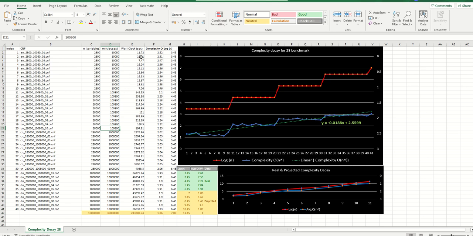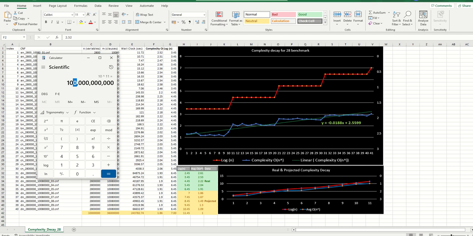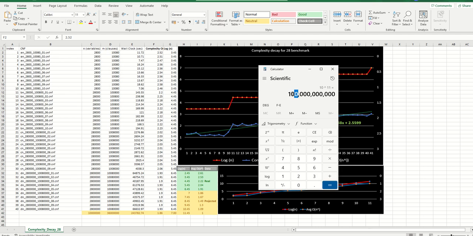So if you look at the complexity here, let's say 2.52 for n variables, that means if n is 2,800 variables to the power 2.52, the algorithm needed almost 500 million touches of a variable in that formula.